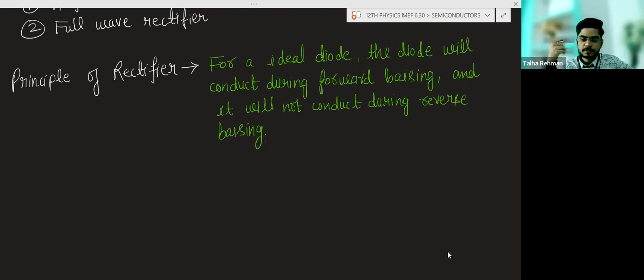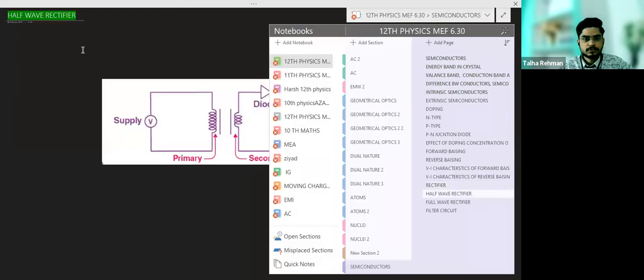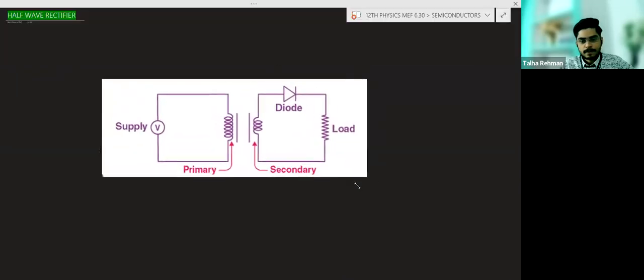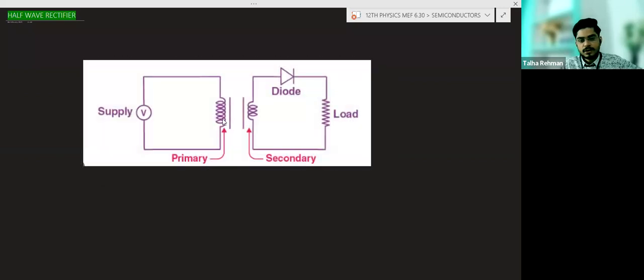So the half wave rectifier is this. Now this is a primary coil, this is a secondary coil. Basically this here is a transformer, and in a transformer we have a primary coil and a secondary coil.